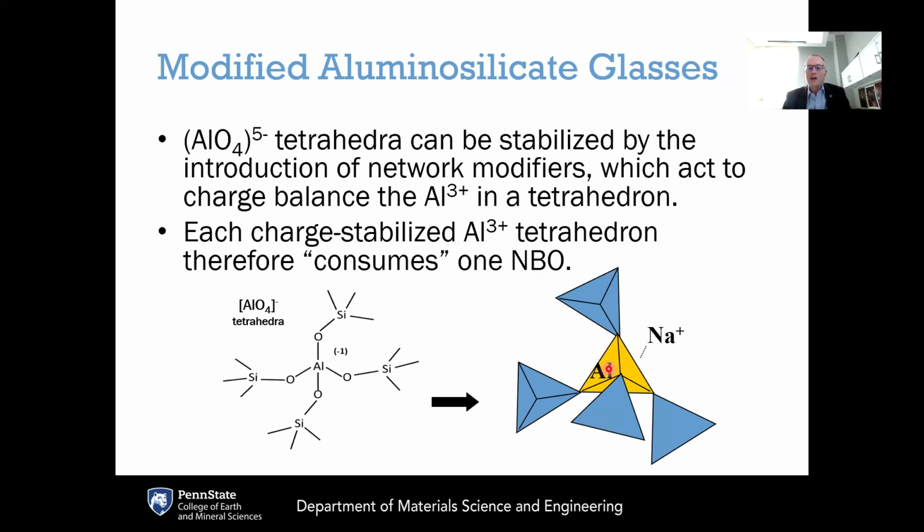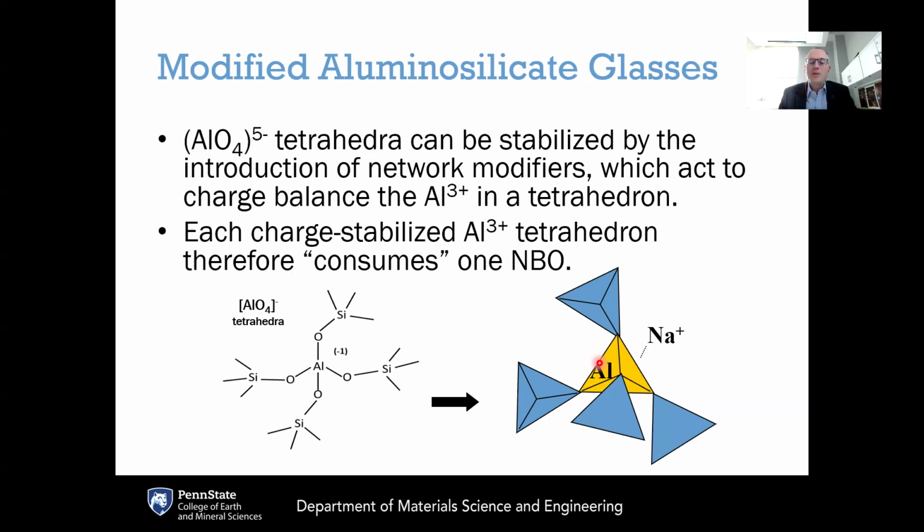And one way to do that is to bring in a modifier cation, such as sodium, and sodium has a 1+ charge, and together the sodium and the aluminum can act as an effective 4+ charge. So 3+ from the aluminum, 1+ from the sodium would give an effective 4+ charge, and that would then stabilize the aluminum in this tetrahedral configuration.